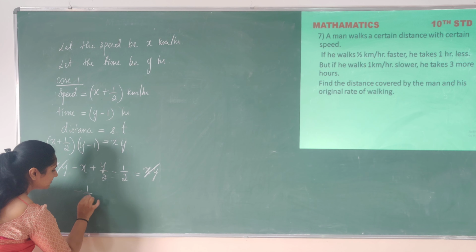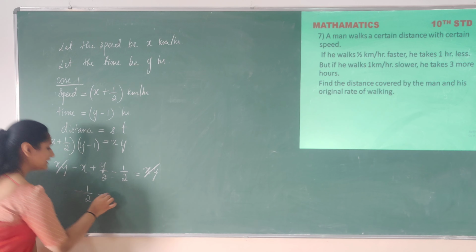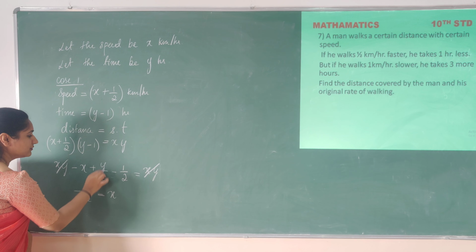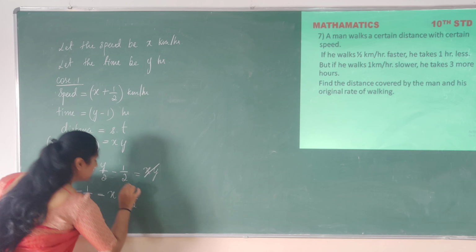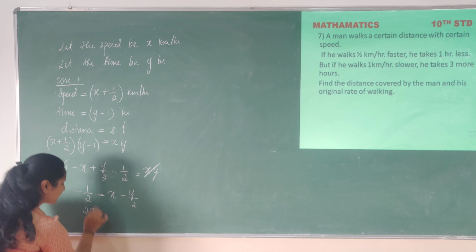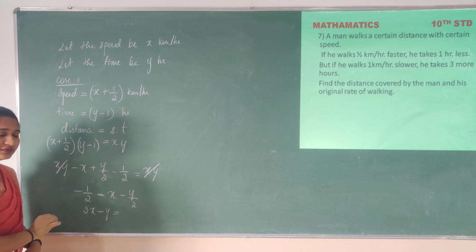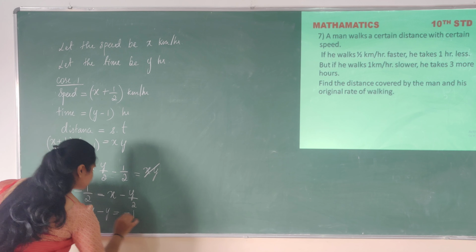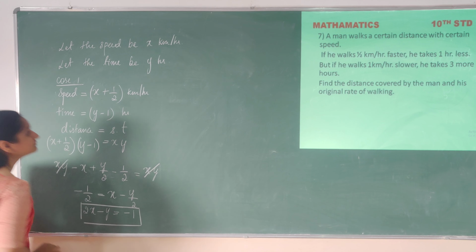Minus x becomes plus x on the other side, and y by 2 becomes minus y by 2. Further simplifying, we get 2x minus y equals minus 1. This is the equation we get from case 1.